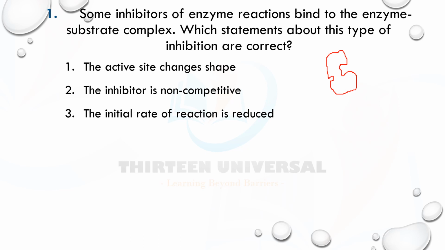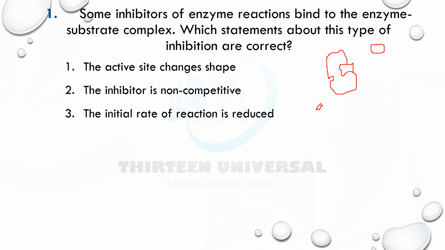Now look at it. If the enzyme-substrate complex is formed, that means the substrate, let's assume this is the substrate, binds to it, and we're going to have something like this. So this is the inhibitor.